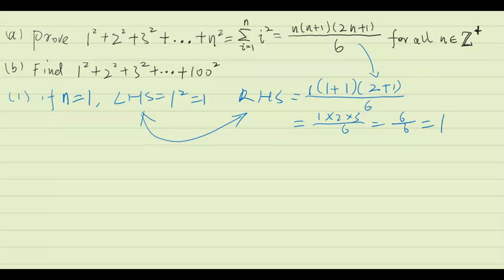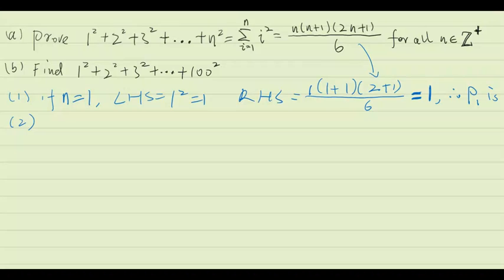We say P1 is true. Now because P1 is true, how about Pk? In this case, let's set n equal to k. Now let's substitute in: 1 squared plus 2 squared plus 3 squared and so on, up to n.